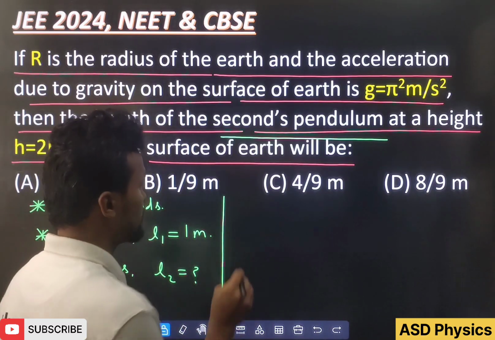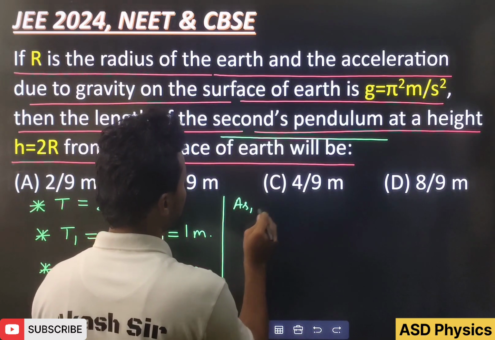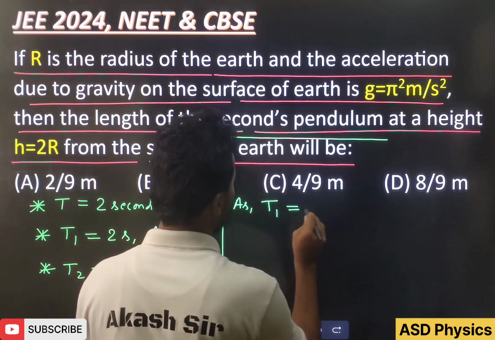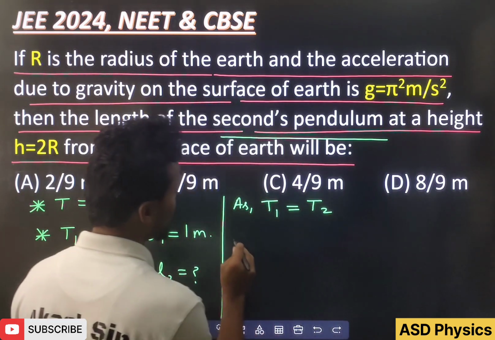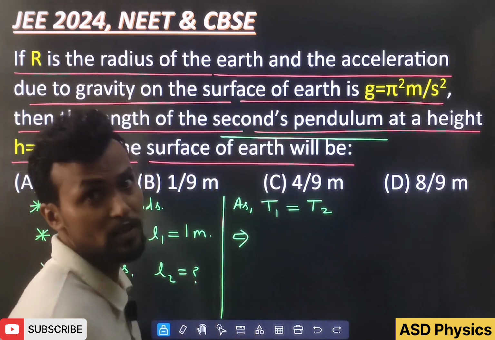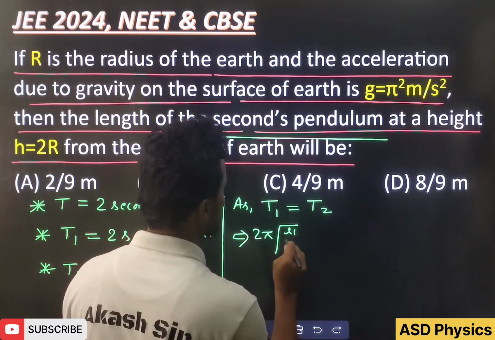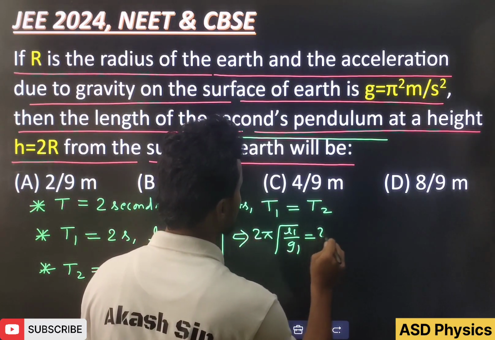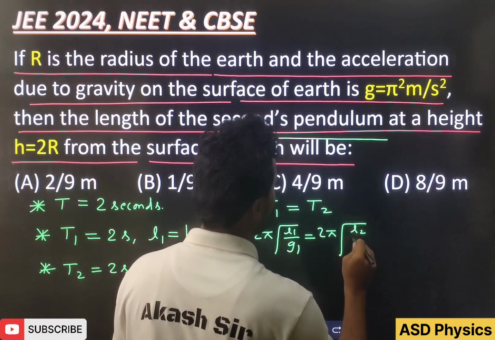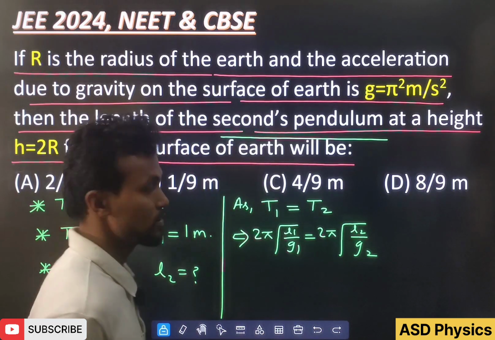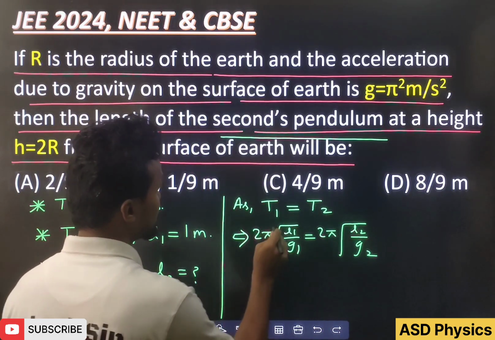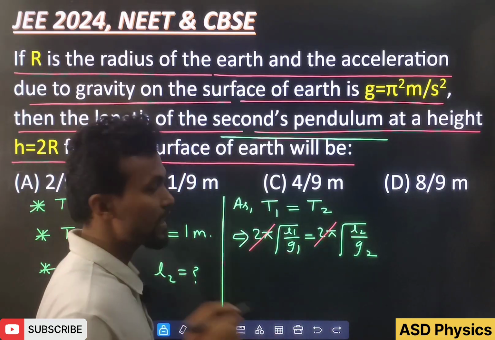As the time period on the surface is equal to the time period at height h, what is the time period formula? You know very well, 2 pi root L1 by g1 is equal to 2 pi root L2 by g2. Now the 2 pi and 2 pi cancel.